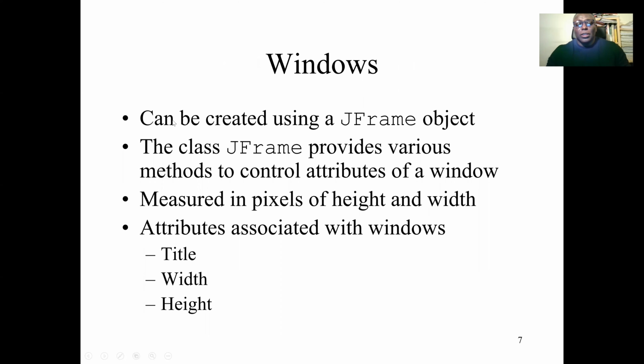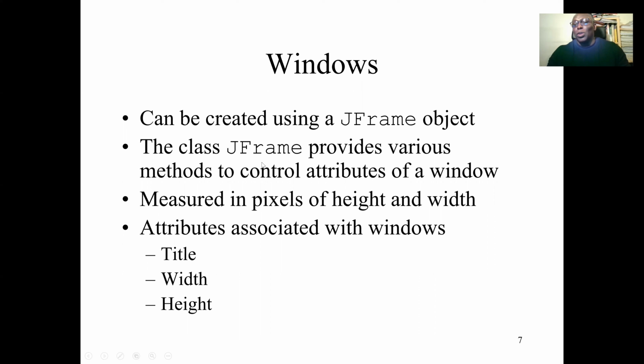So windows can be created using the JFrame, and that's the first thing we have to do to create a GUI application or interface: create our JFrame object using the JFrame class. Also, the JFrame class provides various methods to control the attributes of the window, such as setting the size and the title.